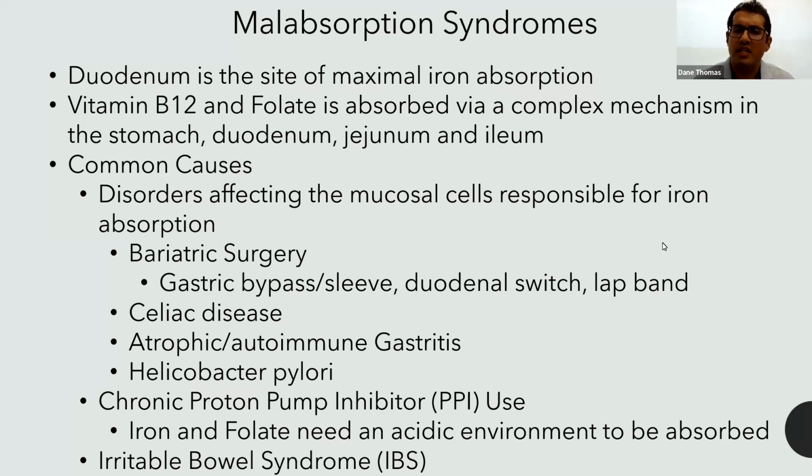Iron and folate need an acidic environment to be absorbed through your intestinal tract. So if you're taking chronic PPIs, that acidity is not going to be there. And unfortunately, because of that, the absorption of iron and folate is going to be diminished. And last but not least, irritable bowel syndrome has been shown to cause iron deficiency as well.